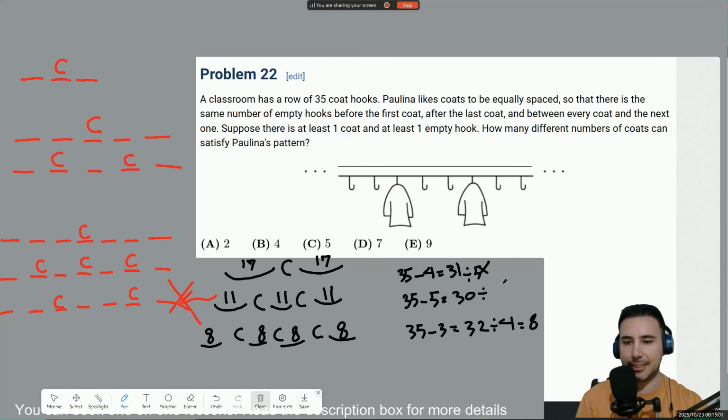I need 6 spaces. Yes, it's possible. So I'm going to have 1, 2, 3, 4, and 5. Yes. So that's why we did 30 minus 5. We need 6 spaces: 1, 2, 3, 4, 5, 6. So 30 divided by 6 is 5.